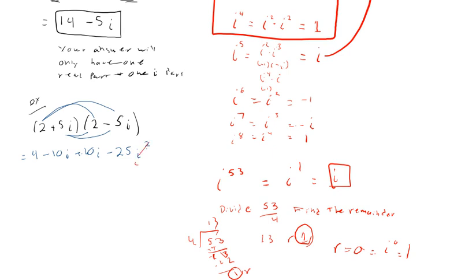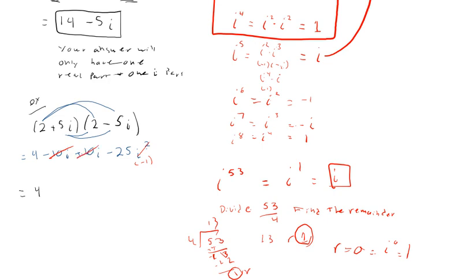So I'm going to get 4, and then I have this minus 10i plus 10i. Well, if I combine those, they're going to cancel out. My i part is going to disappear.